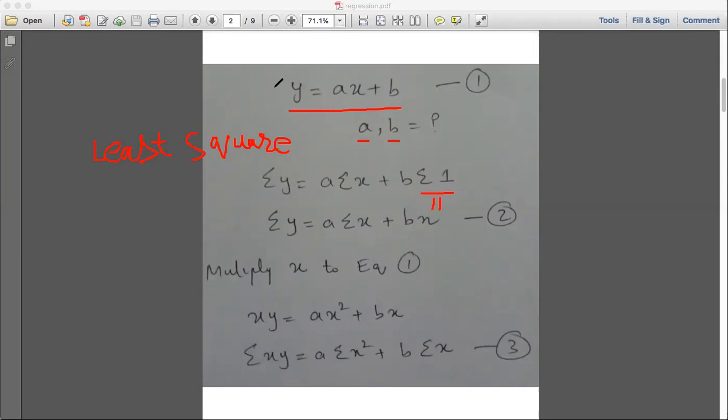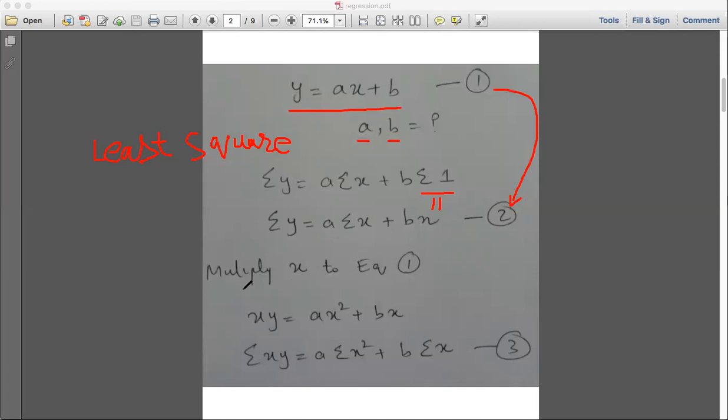So from equation 1 the equation becomes the form of 2 by using summation on both sides. We took the summation of y is equal to ax plus b. So this becomes equation 2.